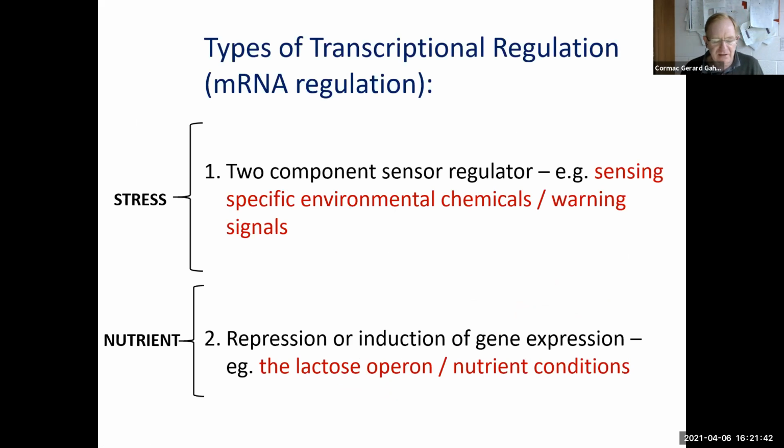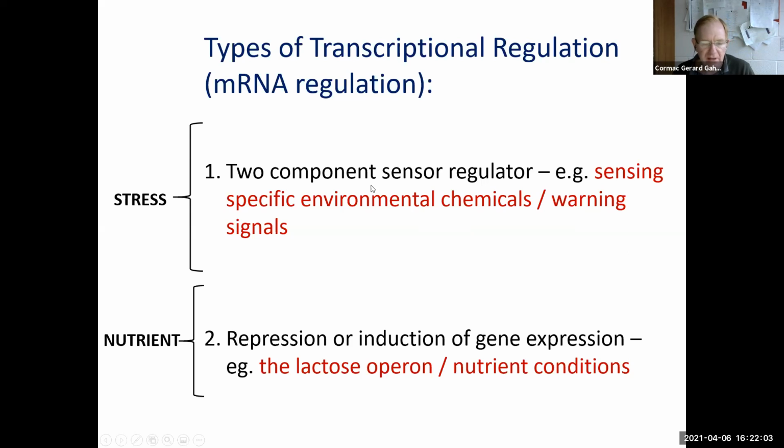So let's get into the real molecular biology of how these are controlled. So how does the cell control transcription in response to the environment? How does the environment tell the cell what to do? And there are two systems that I want to talk about very simply.